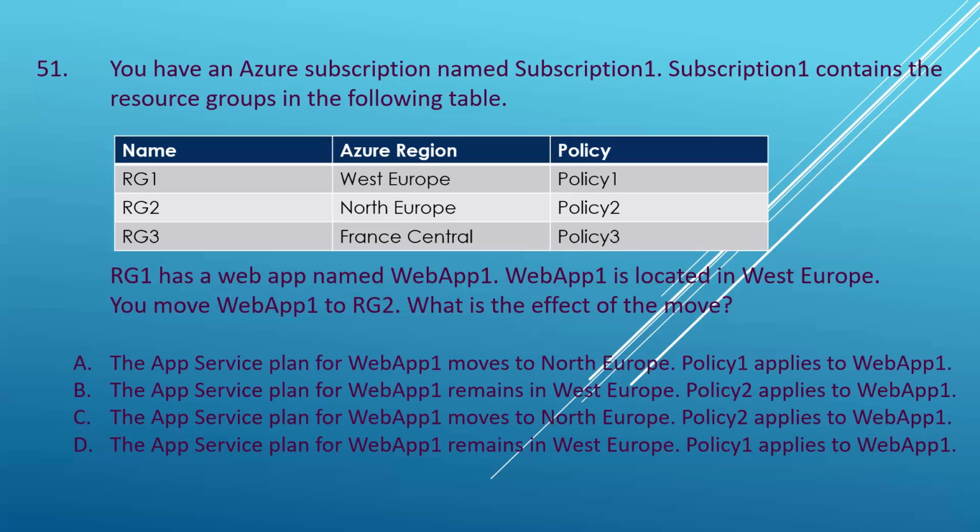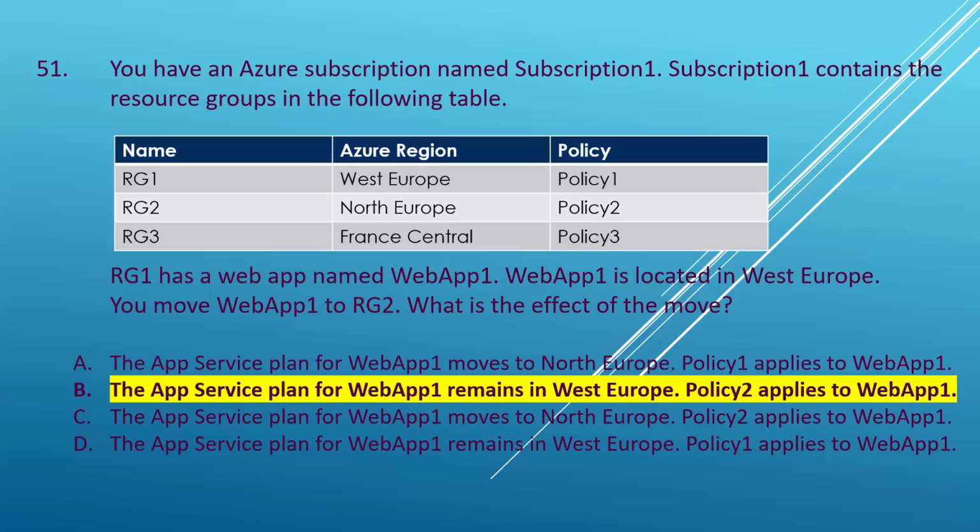As you can see, RG1 has policy 1, RG2 has policy 2, and RG3 has policy 3. So as soon as you move to a new resource group, the policy corresponding to the target resource group will get applied, which means after the move, the app service will have policy 2 applied. So the correct answer is option B. The app service plan for Web App 1 remains in West Europe. Policy 2 applies to Web App 1.